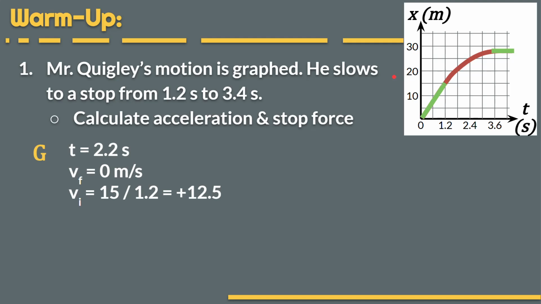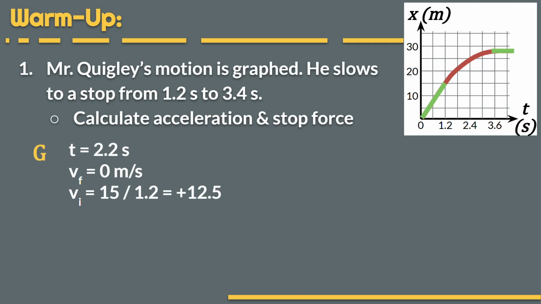If I want to figure out the slope, I would do rise over run. 0 to 15 means my rise is 15, and then 0 to 1.2 means my change in x, or my run, is 1.2. So 15 divided by 1.2 gives me positive 12.5. That's my slope. It's also my initial velocity. So you can get that from the graph.